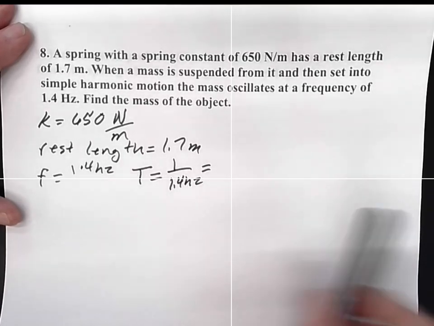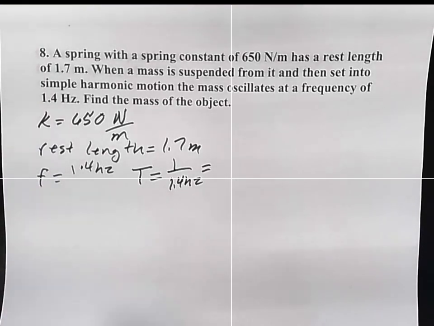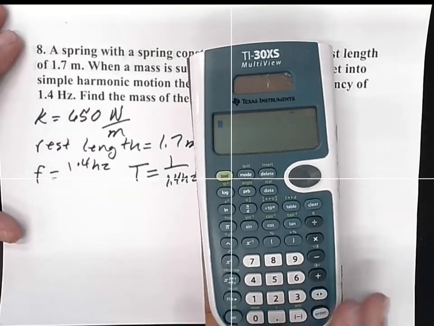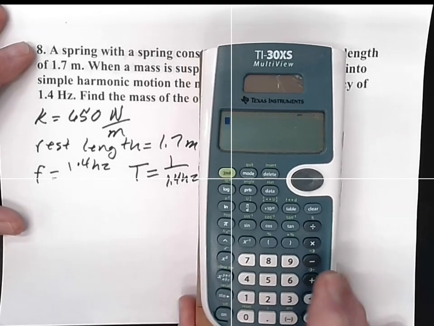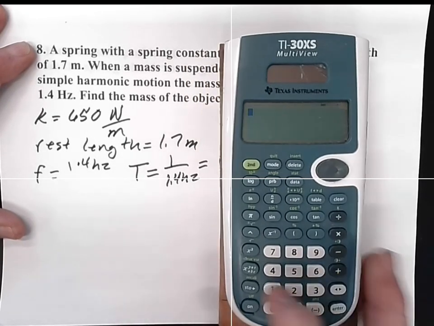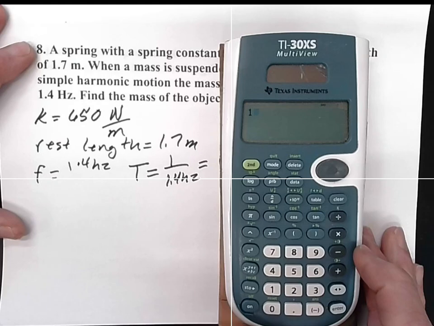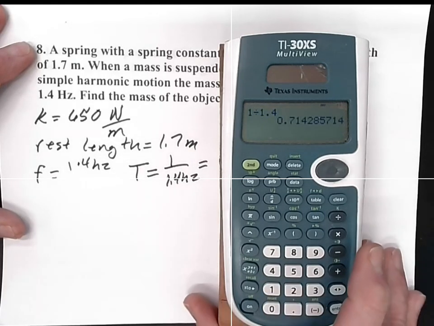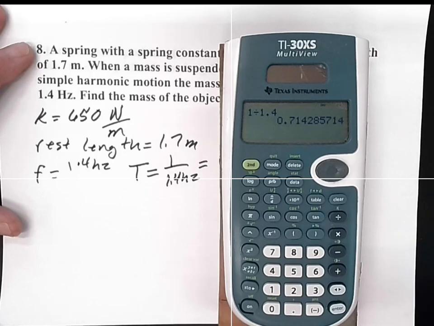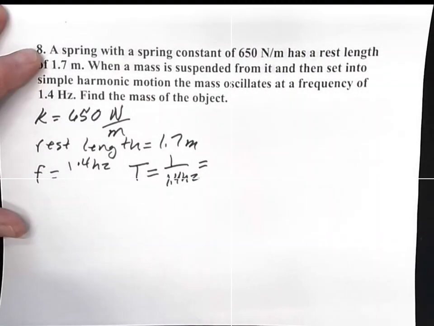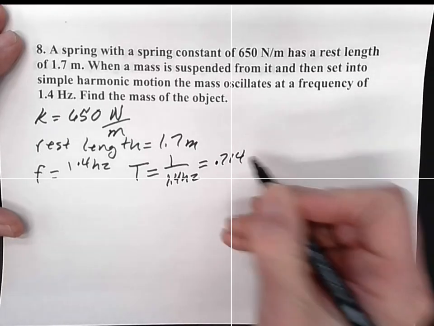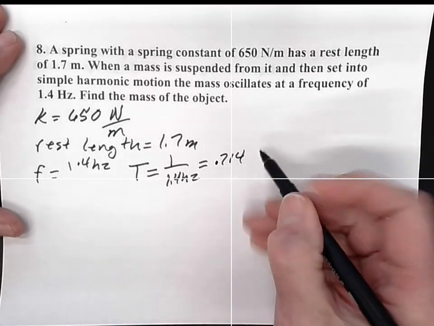I think that, see if I can stick this here, if you can read this at all. And so we'll just say 1 divided by 1.4 equals, and then that would give us 0.714. So T is 0.714 seconds.